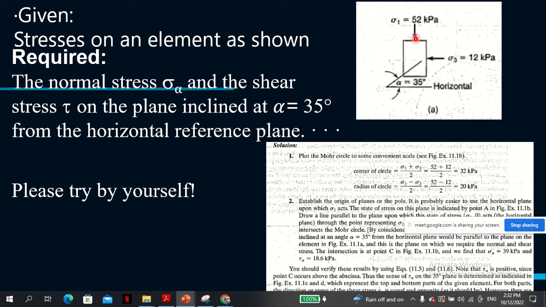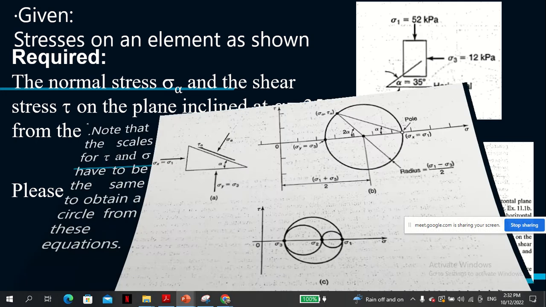So by drawing the Mohr circle, you can determine them, and in fact this is very useful in understanding the principle of the Mohr circle. It's very useful in understanding, excuse me, the stress state.